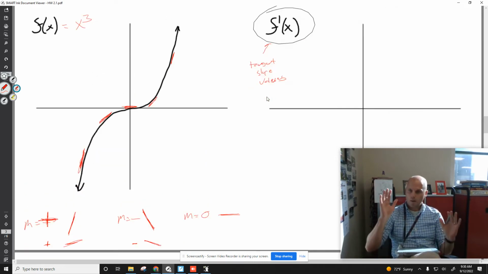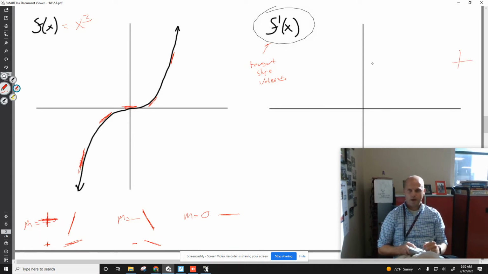I'm just going to approximate tangent slopes, understanding that positives go above the x-axis, negatives go below. This slope is very positive. This slope is less positive. This slope is 0. This slope is a little positive. This slope is more positive. And I'm going to take some x values, like here, this is -2, this is -1, 0, this is 1, this is 2. Or I could say this is -3, -2, -1, 1, 2, 3, because we're trying to find the slope at 3.